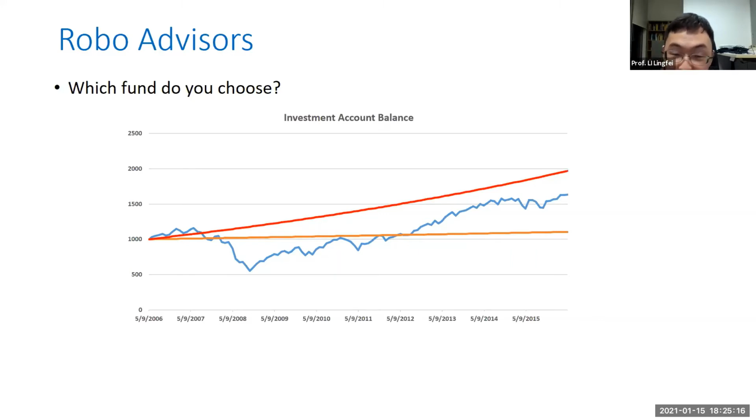Okay, so 15% is very high. But the fund, after it collects money from investors, will not really make any real investment. It doesn't really have an opportunity to make 15% return per year.